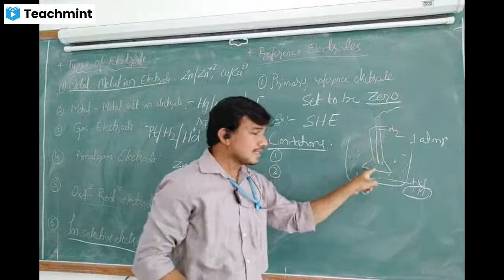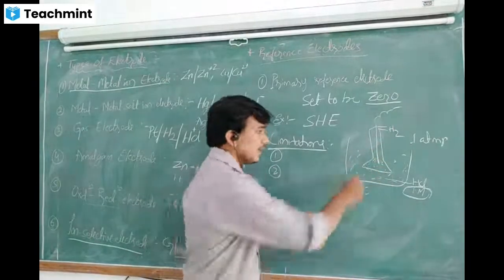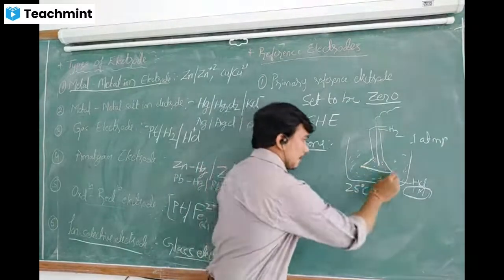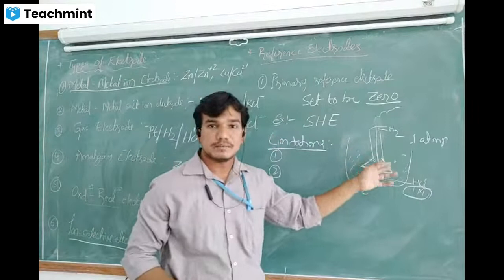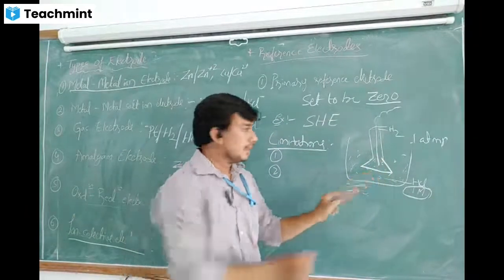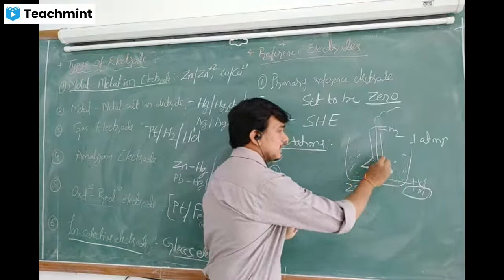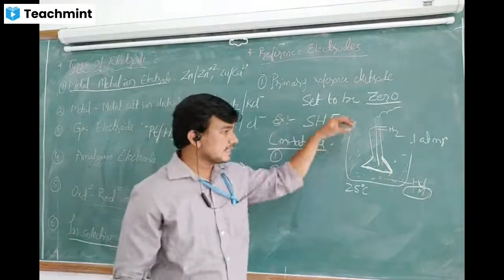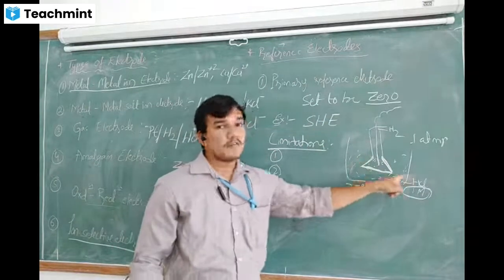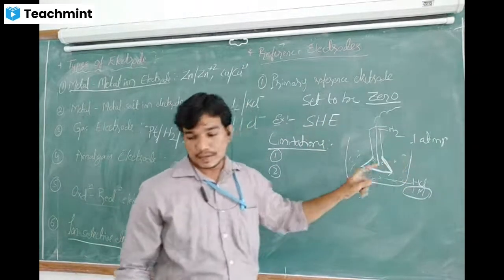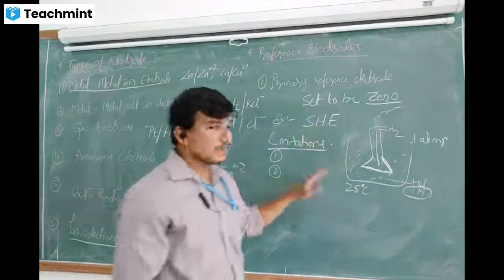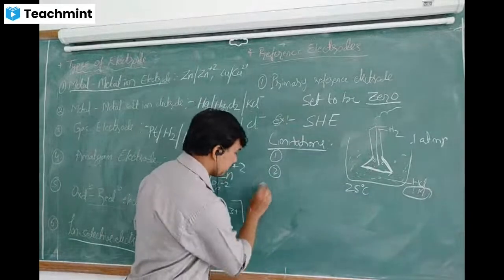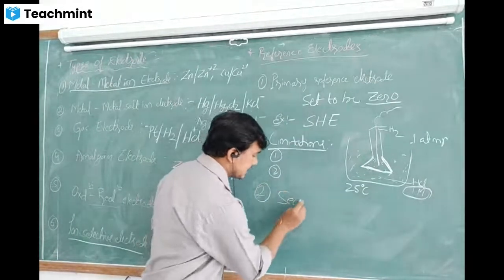Some impurity gases interfere. If there is any interference of impurity gases like oxygen, nitrogen, any gases, this platinum foil will be easily poisoned. Okay. So due to these difficulties, they invented one more reference electrode as a secondary reference electrode.